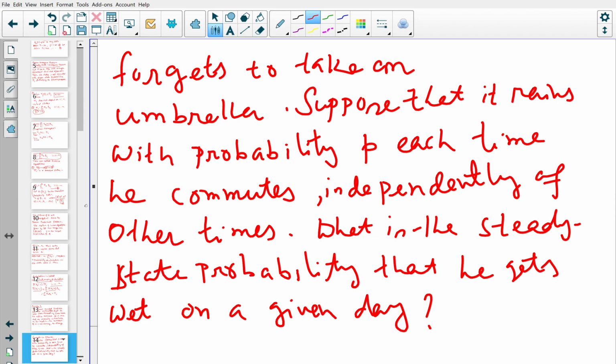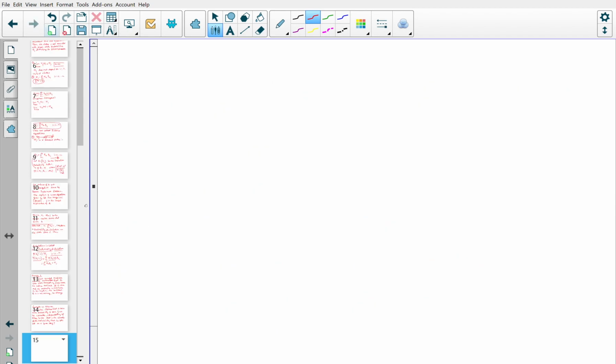Okay. And so what are the states here? So you have to understand what are the states. So there are three states here, right? State can be 0, 1 or 2. 0 means there are 0 umbrellas at his place, whether it be office or home.